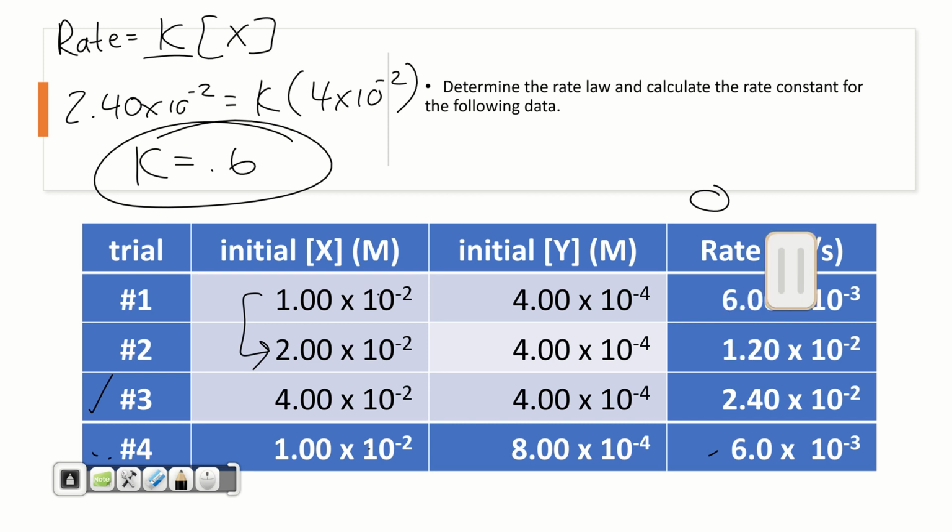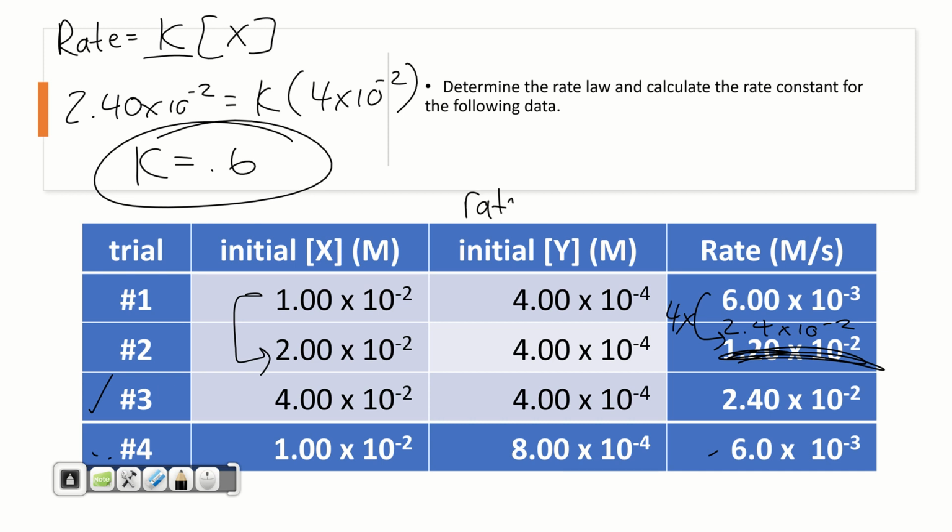And the only other one that's going to come up frequently, it's not something special, would be where if I double the concentration, this would become 2.4 times 10 to the negative second. That would mean it increased 4 times, so that means this is a rate order of 2, and that means you are squaring the concentration when you plug it into the equation. So those are the only 3 that came up.